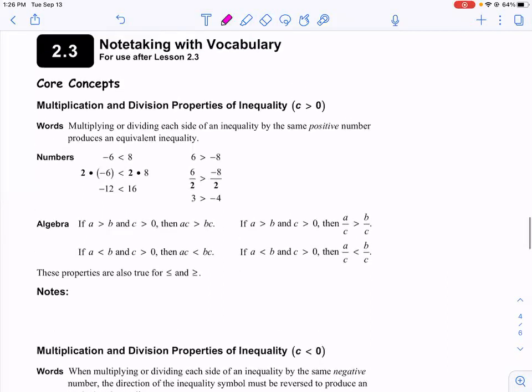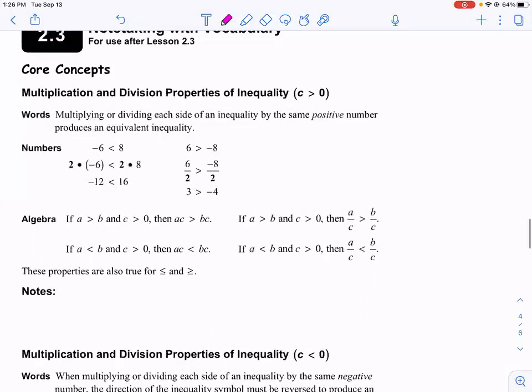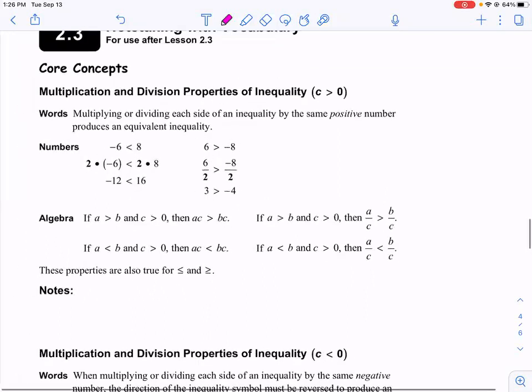If we have an inequality, and as long as our multiplier is positive, then we can multiply the same number to both sides, or we can divide both sides by a positive number and be fine. Okay. Tomorrow we are going to talk about the case where that number is negative. Today we're just talking about positive numbers.